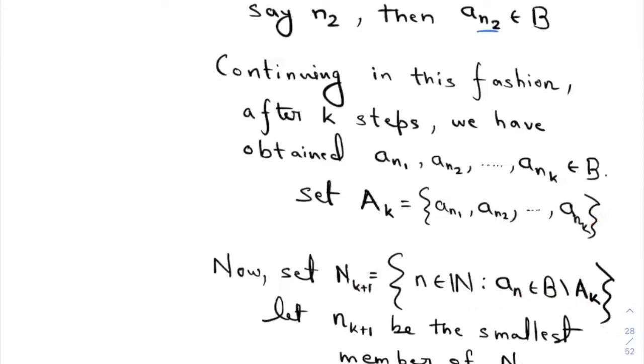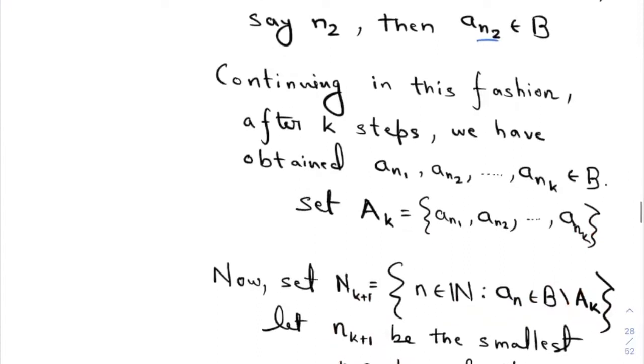Why is that? Because I'm still subtracting a finite set from an infinite set. So this is non-empty. Therefore, this set is going to have a smallest element, which I'm calling n k plus 1. So that's my inductive definition of the kth element of the set B.